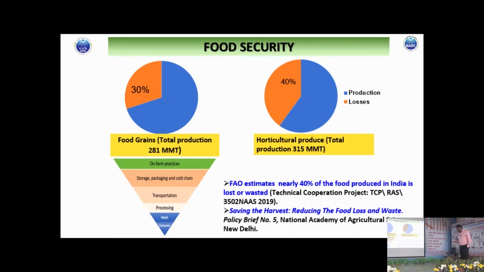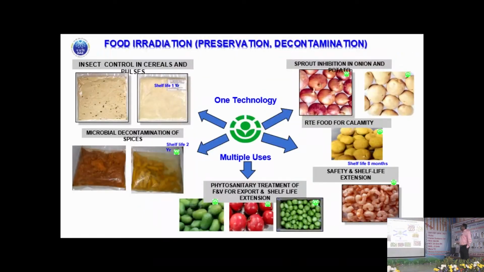As far as food security is concerned, we know that 40% of the food that is produced is wasted. So what DAE does is that we have technologies where irradiation can be applied, and various things are there, whether it is insect control, microbial decontamination, or onion and potato I wanted to mention. See sprouting in onion and even in potato, as well as blackening, how much can you keep in a cold storage? That doesn't work.